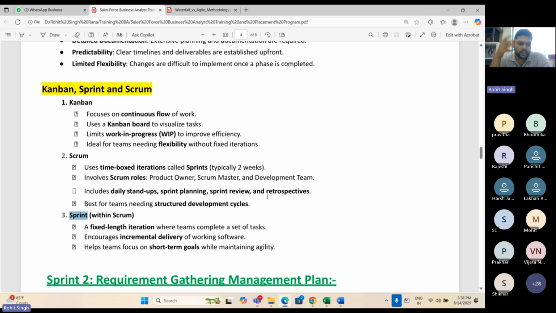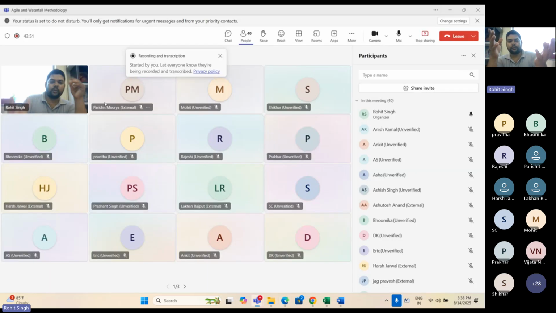When we use Jira as a project management tool, we'll use all these techniques. Kanban means Kanban board. I don't know if you have seen it. Going ahead, we will show you Jira, then you'll be able to understand.